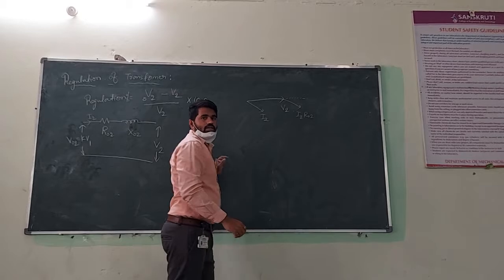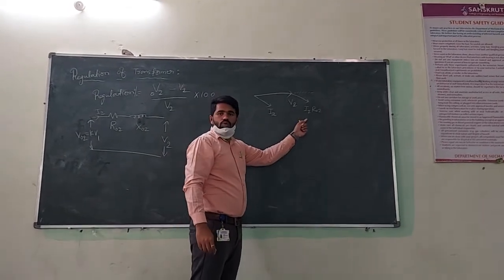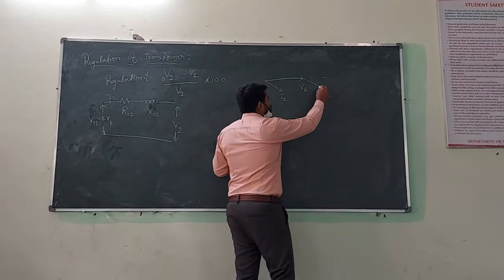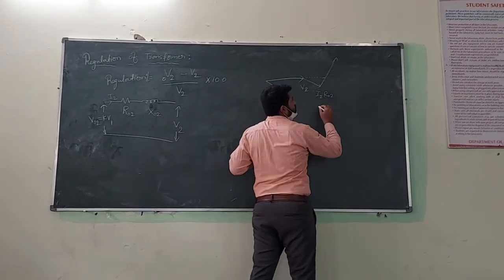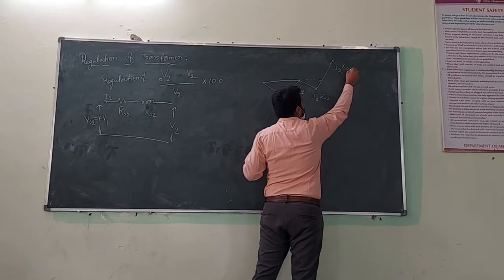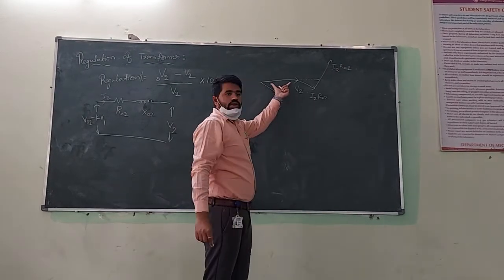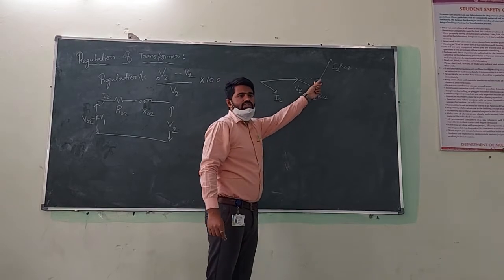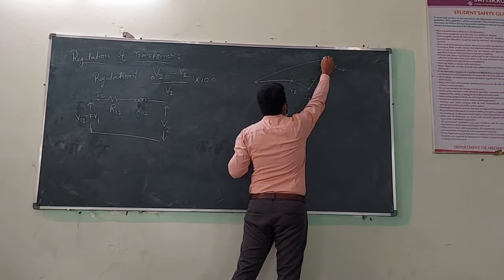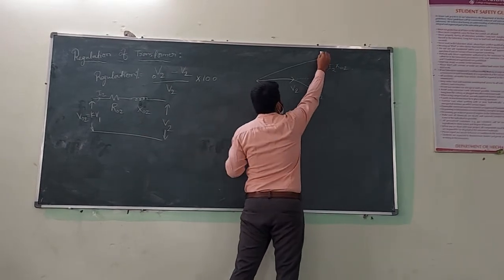These two lines are parallel. Voltage plus voltage. Due to the parameter X02, you will get a 90 degree phase shift. This value is equal to, try to understand, I2 X02. 220 plus 5 plus 5. What is the total voltage? V02.